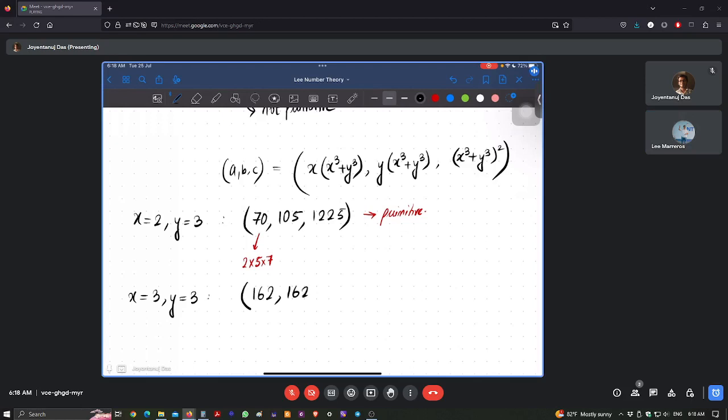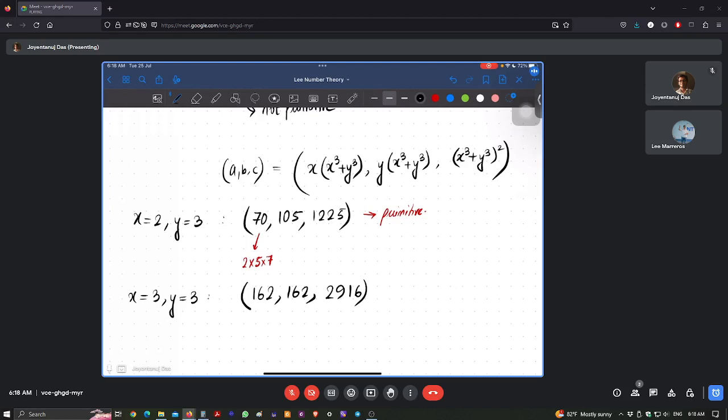This is also 162. And the last one is 54 squared. Let me calculate, 54 times 54, is 2916.